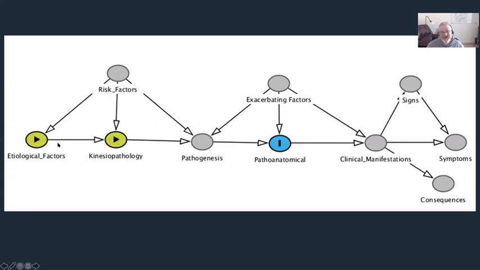So in looking at this, I probably need to have an arrow between etiological factors and pathogenesis. You could have perfectly normal shoulder mechanics, but due to the sheer frequency and load of repetition, you develop tendonitis of a rotator cuff. There's nothing that forces a kinesiopathological process to be present for a pathogenesis or pathoanatomical problem.